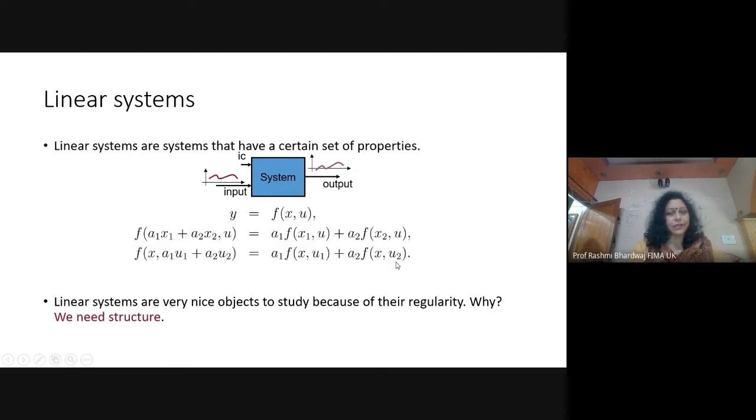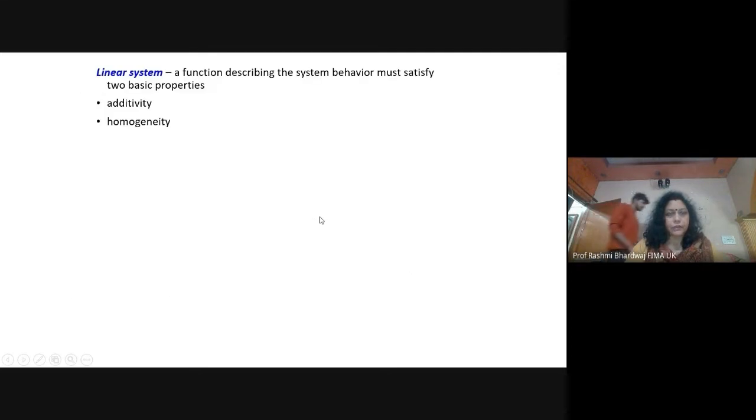So this gives you the regularity of the system. Basically, a linear system is described by a function which must satisfy additivity, f of x plus y equals fx plus fy, and homogeneity, f of ax equals a times fx.